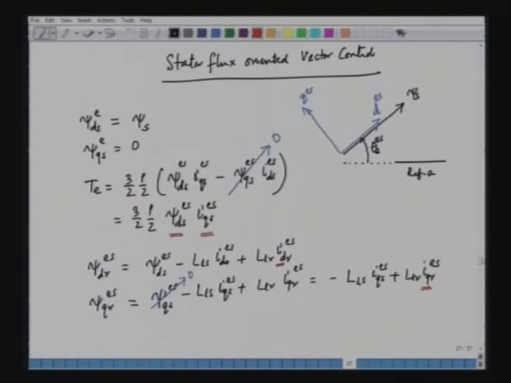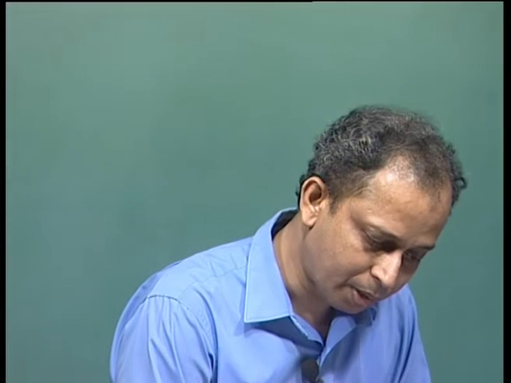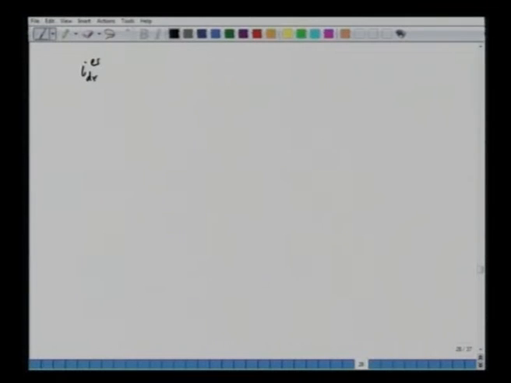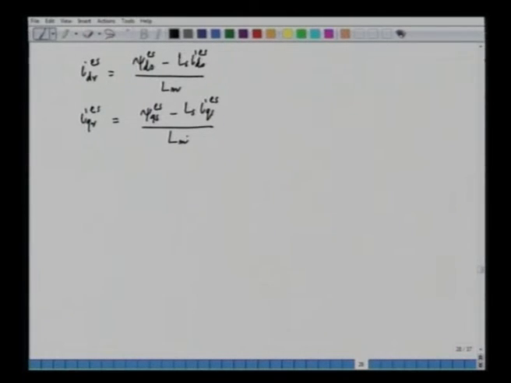So, we can do that in the following fashion. IDR ES is equal to psi ds ES minus LS IDS by LM, and in a similar fashion IQR ES is equal to psi QS ES minus LS IQS ES by LM.